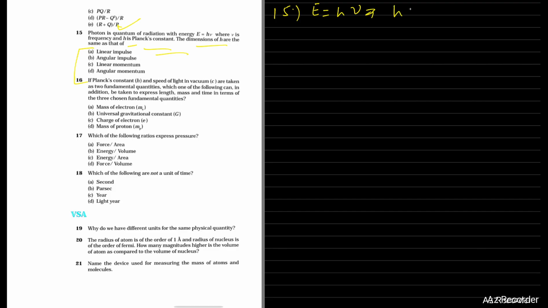So h is equal to E divided by nu, which can also be written as E T. Dimensional formula for E would be ml square t minus 2, and multiplied by T. So finally we will get ml square t minus 1.